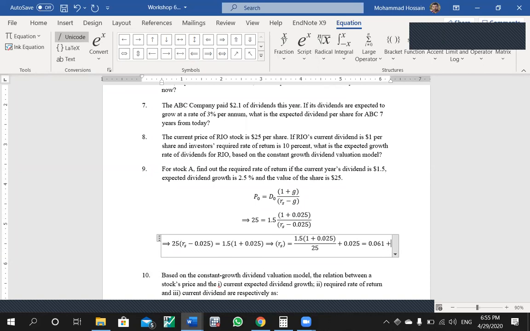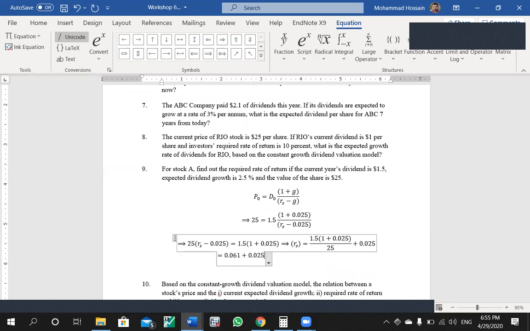Plus 0.025, which is equal to 0.086, which is 8.6%.